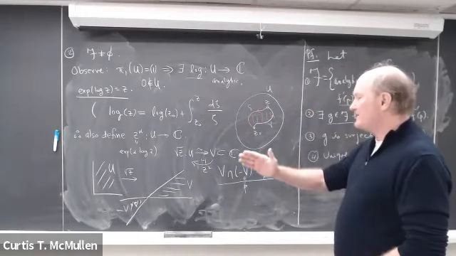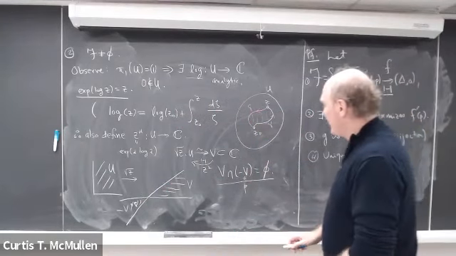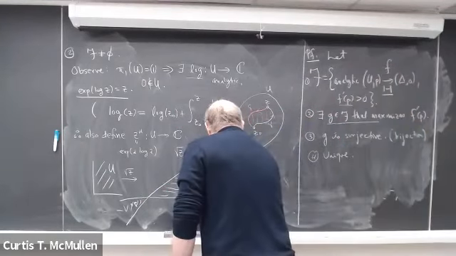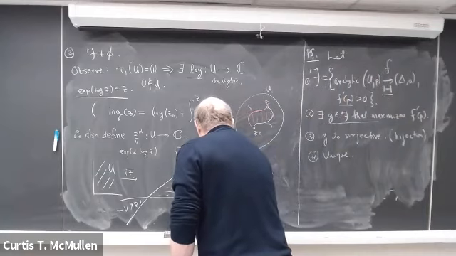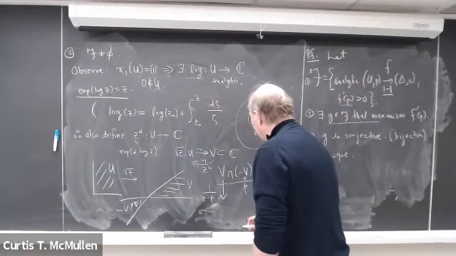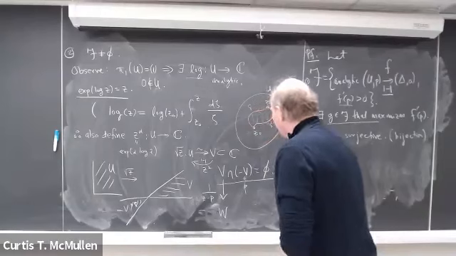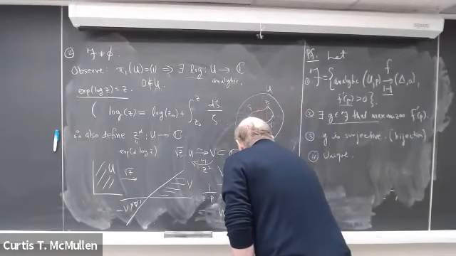And as long as P is not in the closure of V, V will be sent to a bounded domain. So if we further apply the mapping 1 over z minus p to this region V, this is sent to some region, let me call it W, and W contained in C is bounded.